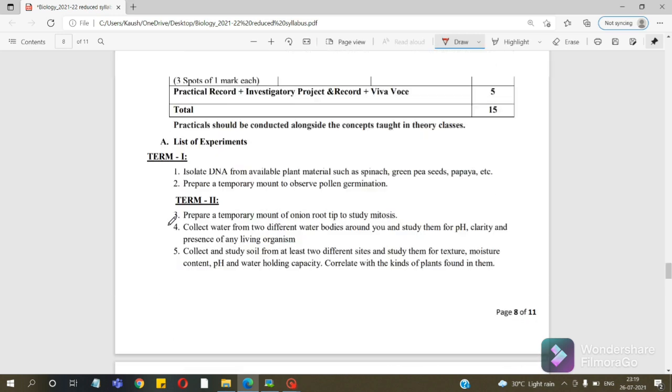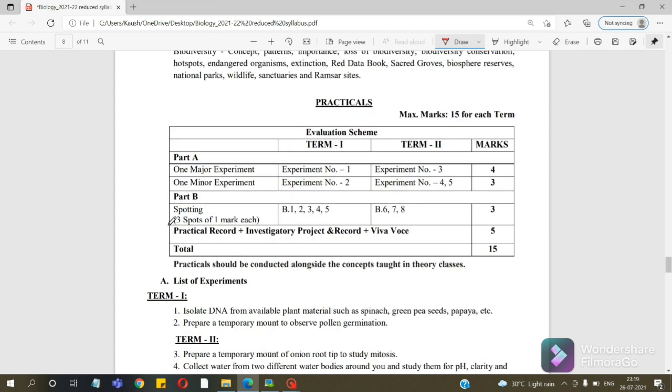Next, coming to the practical part. As you know, a total of 30 marks practical will be there in the whole year. So 15 marks will be given in Term 1 and 15 marks in Term 2. In Term 1 you will have one major experiment and one minor experiment. Similarly, in Term 2 you have one major and one minor experiment, and you have to go for spotting.